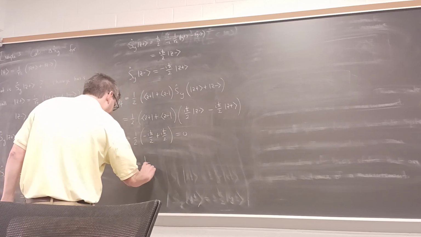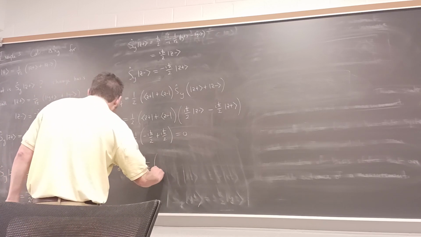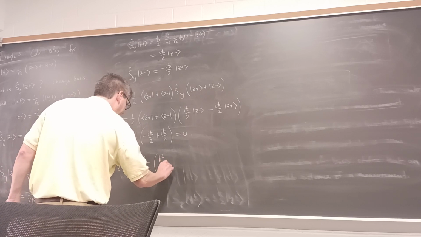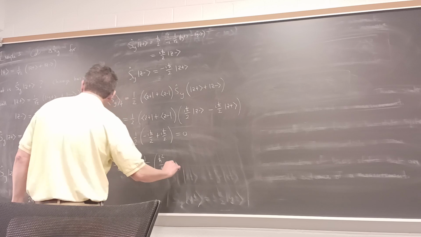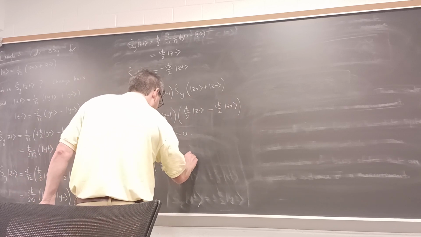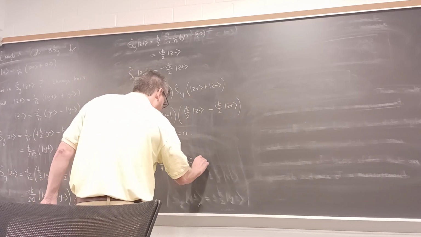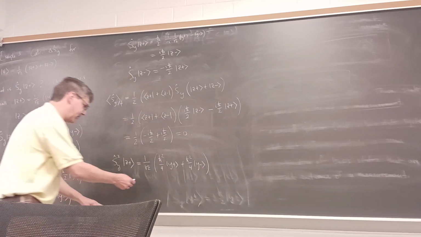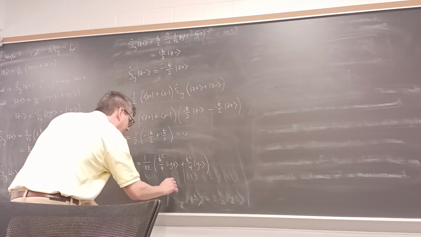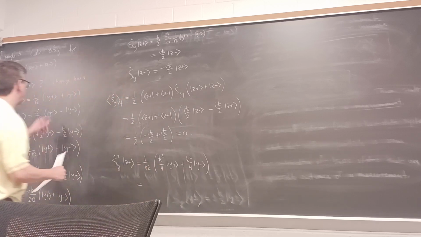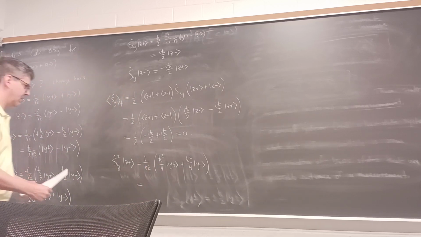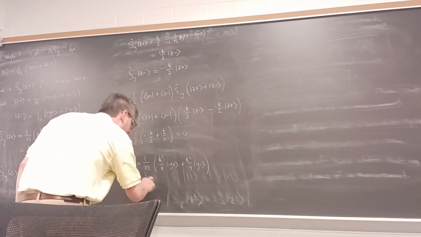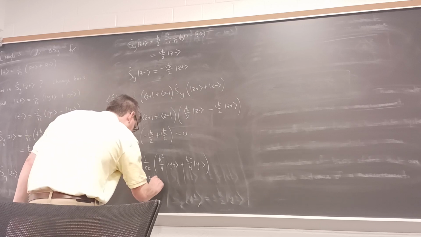So I'll have 1 over the square root of 2, h bar squared over 4, Y plus, and then a plus h bar squared over 4, Y minus. And what is that in terms of Z? I'll have Y plus plus Y minus, that's just Z plus again. So this is just h bar squared over 4, with the 1 over root 2, Z plus.